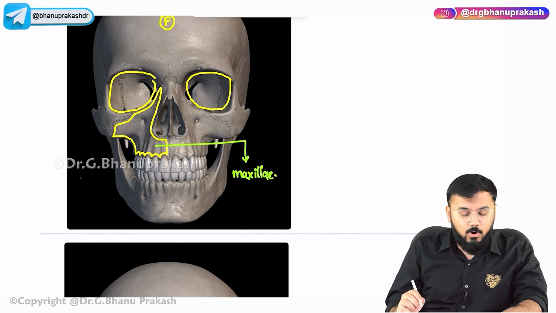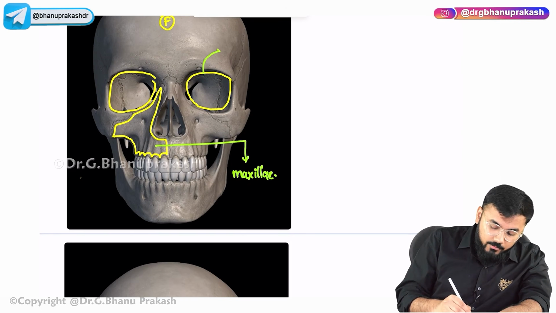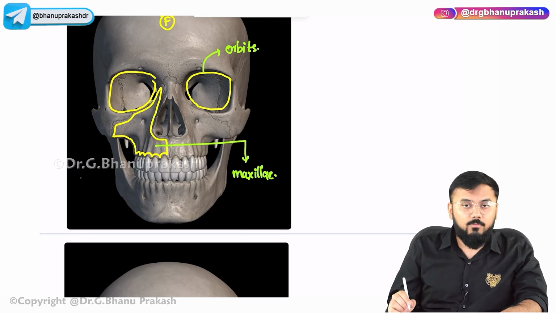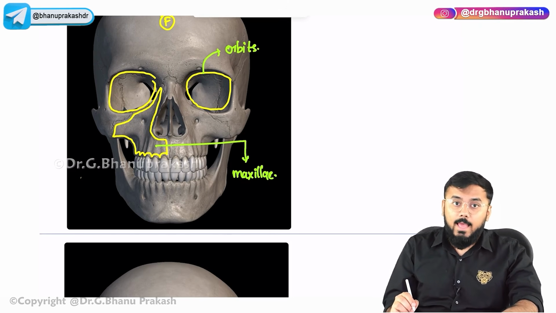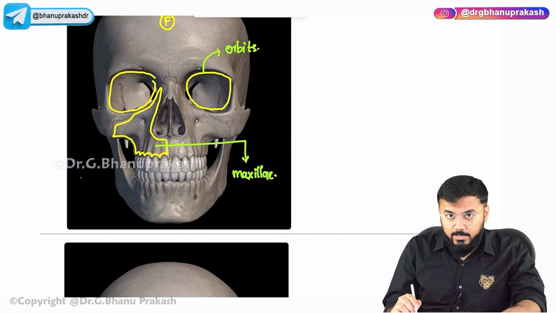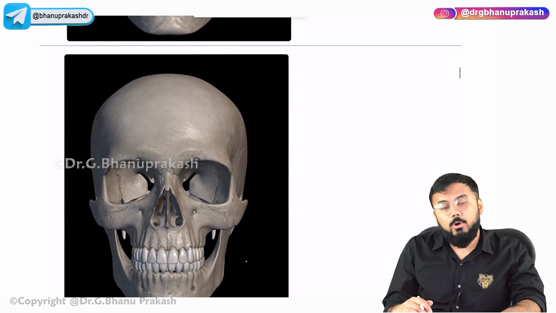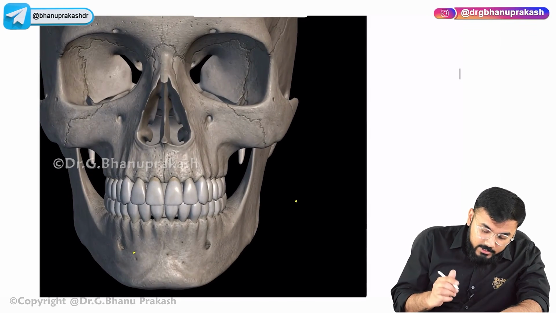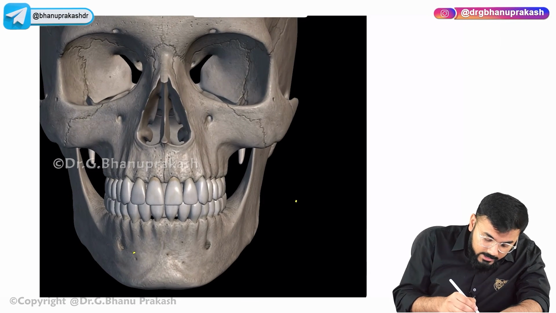So norma frontalis is formed by the frontal bone. Next we have two orbits. Next we have two maxillae. Along with these two maxillae, you have one more important thing. I'm just drawing the dotted lines.